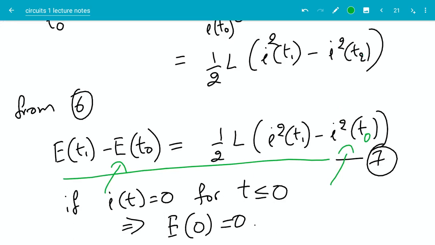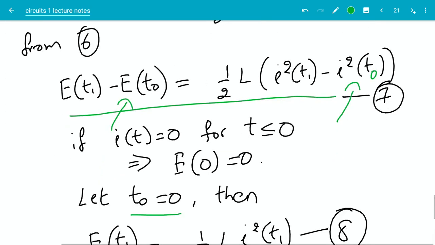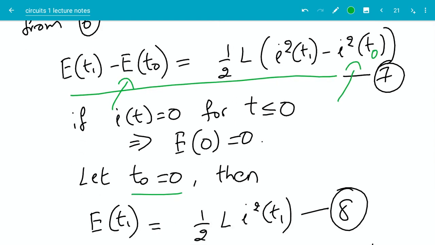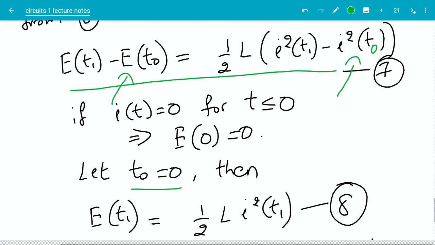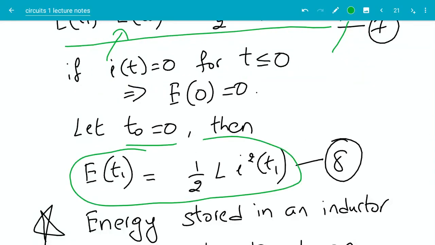This should be T2 here too, T0 over there. Okay, so I'm substituting T0 equal to 0. That means i squared of T0 is 0. So then the equation I get is E of T1, energy at T1, is half L i squared.